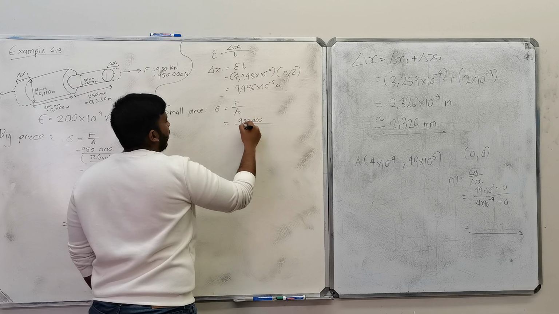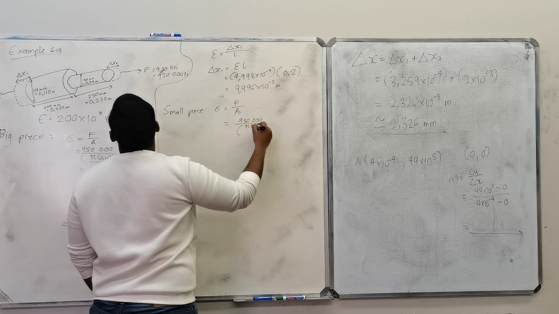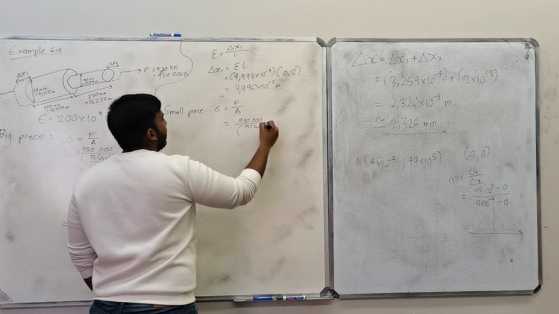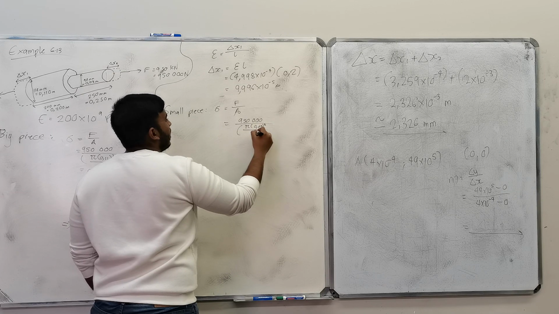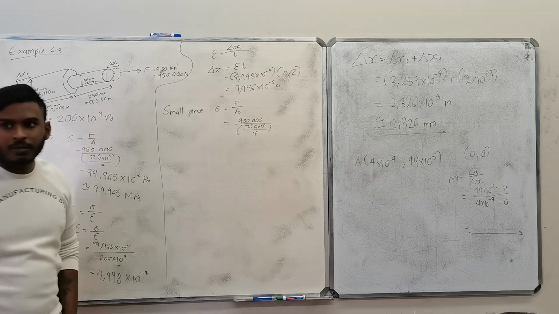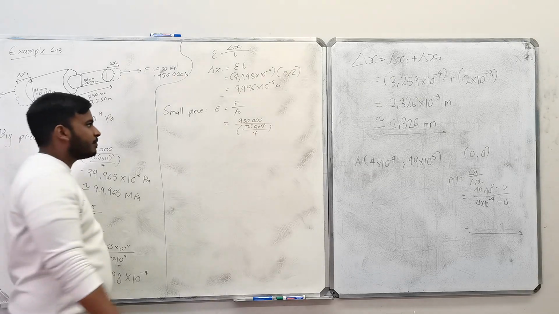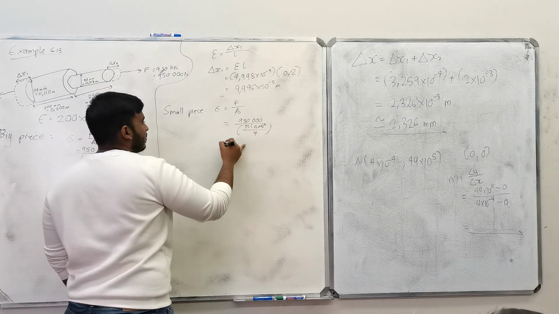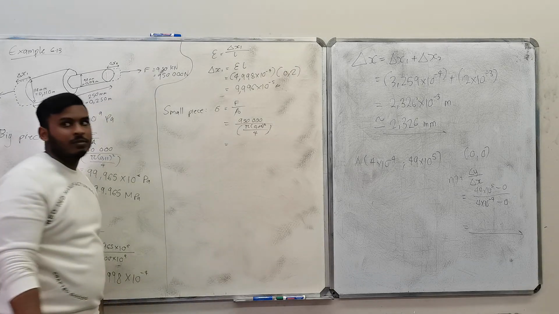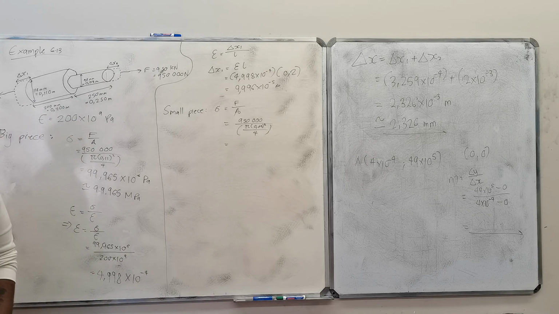950,000 over pi times 0.09 squared all over 4.